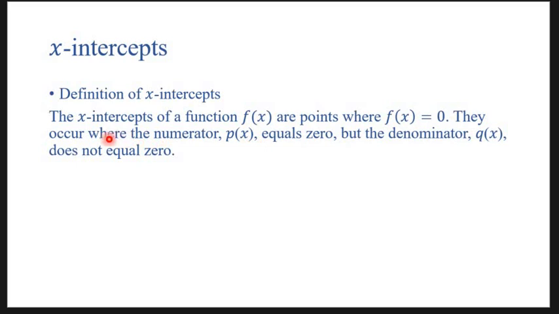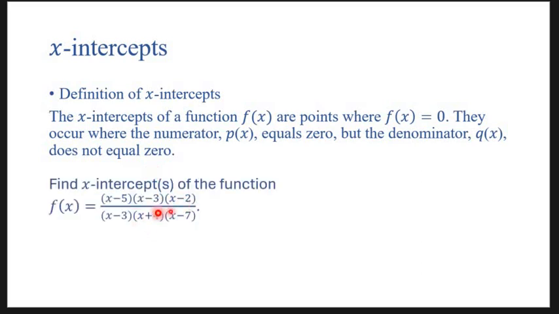They occur where the numerator p of x equals 0, but the denominator q of x does not equal 0. So this is the exact opposite of where the vertical asymptotes occur, because the vertical asymptotes have the denominator being 0 but the numerator not. Now x-intercepts have the numerator equaling 0 but the denominator not.